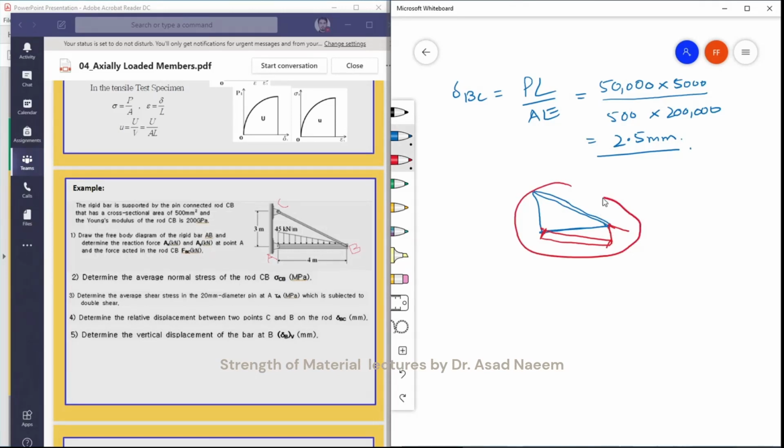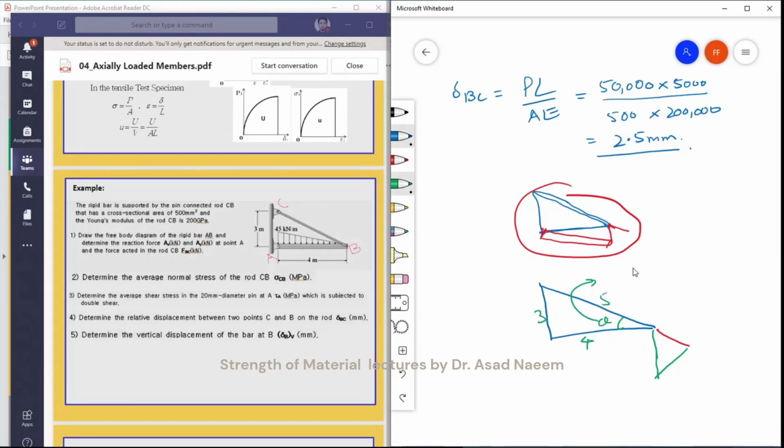So if I draw this again, this is our actual, this is the delta BC, and now we have to calculate the vertical distance which is caused by this delta BC. So this is theta, we know this. We can calculate this: this is 3, this is 4, and this is 5.